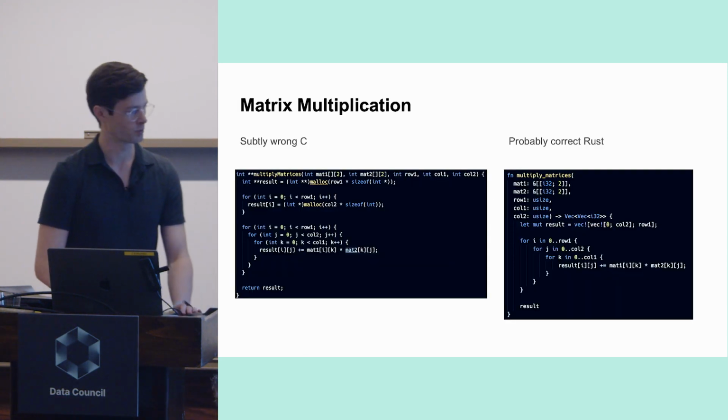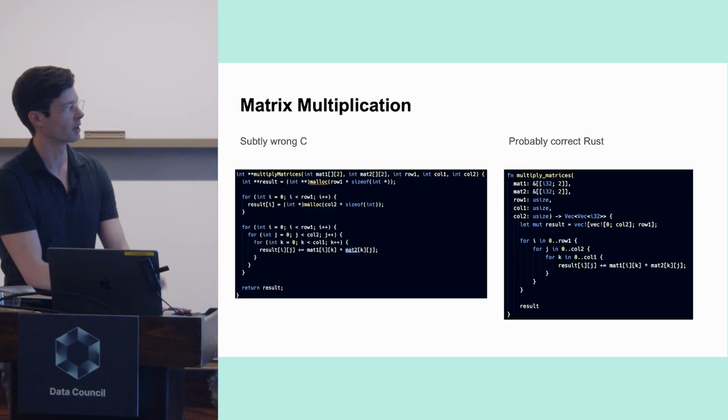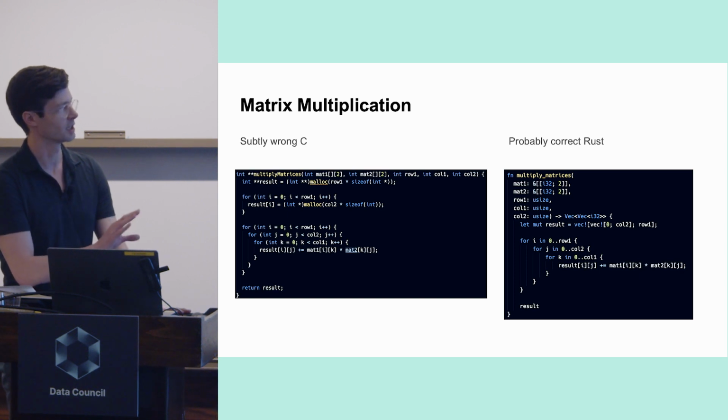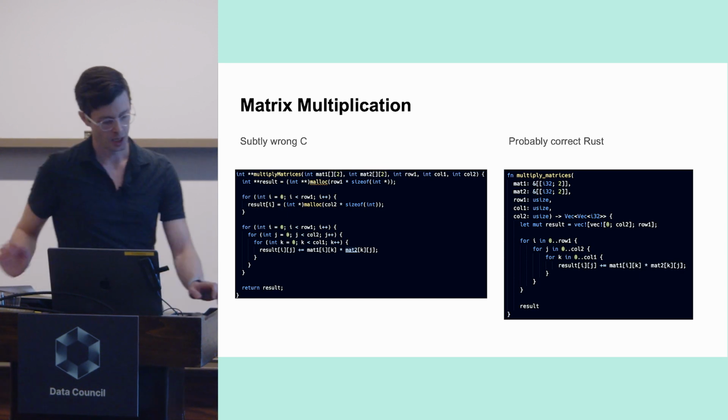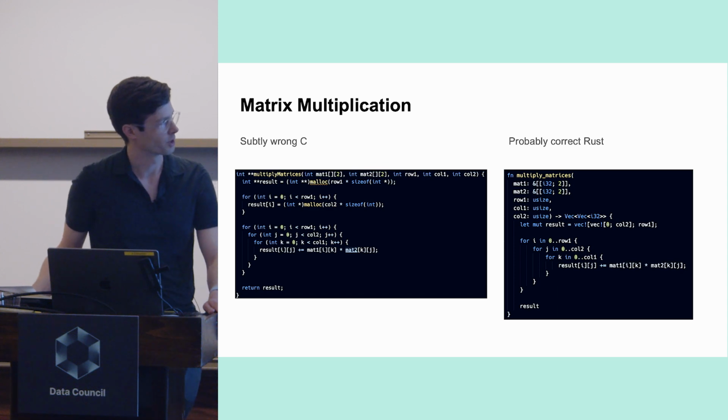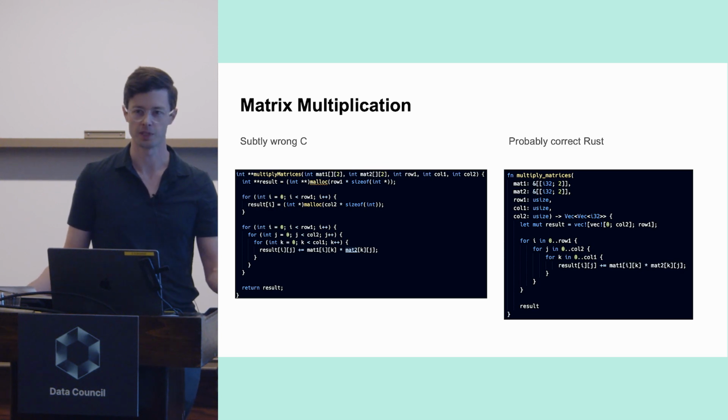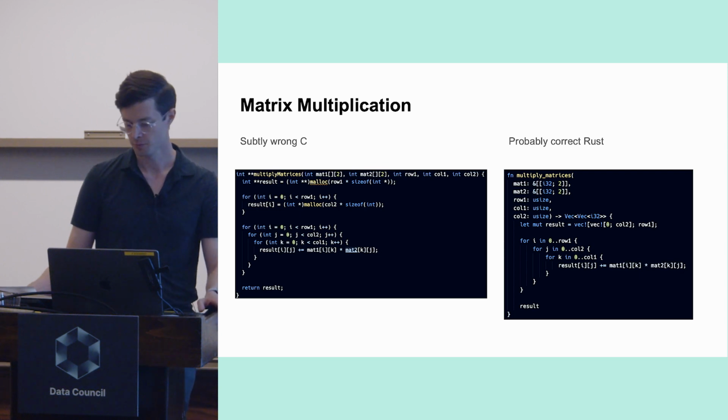As just one example here, here are two matrix multiplication implementations, one in C on the left and Rust on the right. I have no idea if these are particularly good implementations. They're probably not, but they are the sort of thing that you would write if you were trying to do this for the first time, right? Like, how to multiply matrices. Why don't we just write the code that does that?